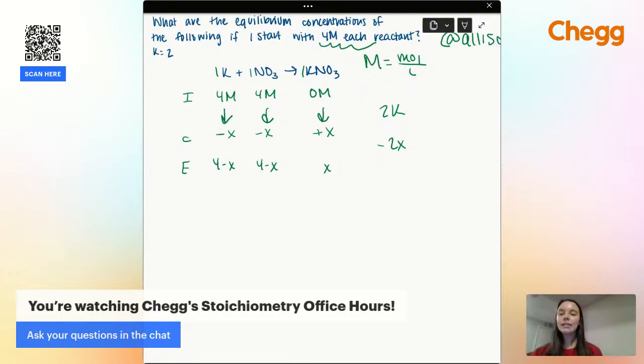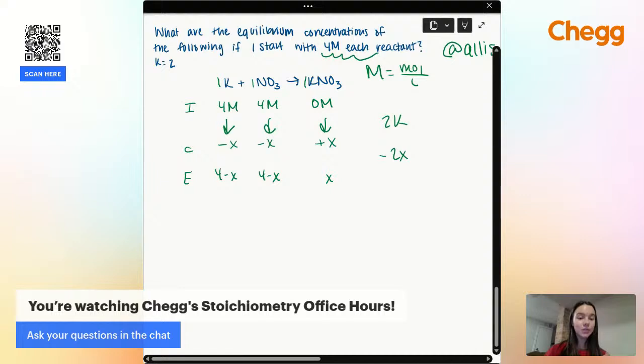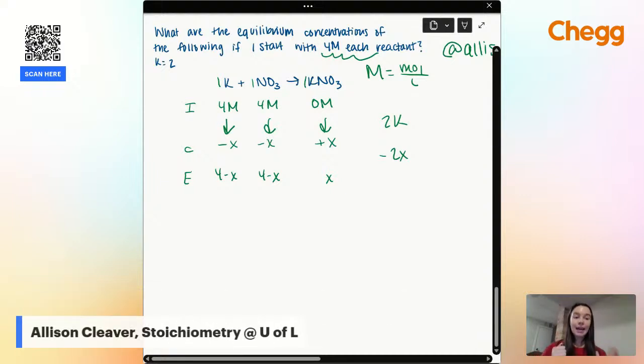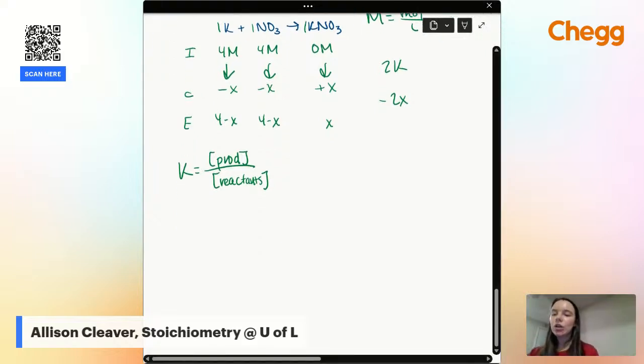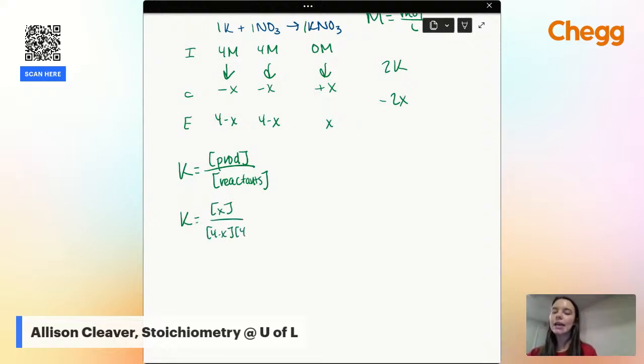Now to find the actual values, not just the ones with x, we need to find a K equation. K is always products over reactants. So we would do the concentration of x over 4 minus x times 4 minus x.